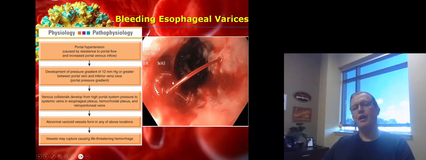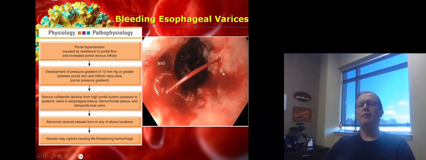So you can see how there's kind of a concave shape here and a crest of a wave where this light is being reflected. The blood's hitting here, splashing up, and then draining down into the remaining portion of the esophagus on down into the stomach.